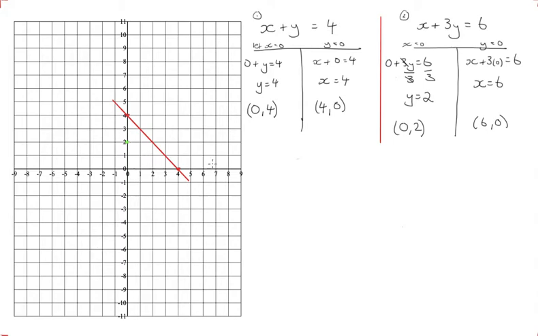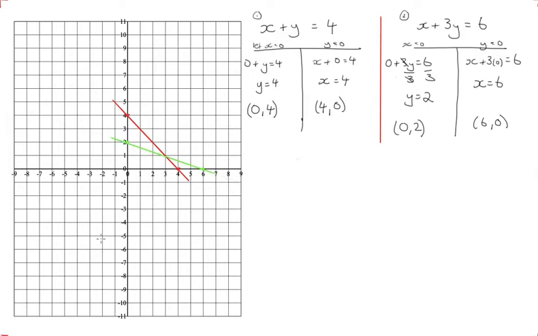And then (6, 0): out to 6 on the x-axis and 0 on the y-axis. So we get our ruler, line it up with the two dots, just like this, and then draw our line.